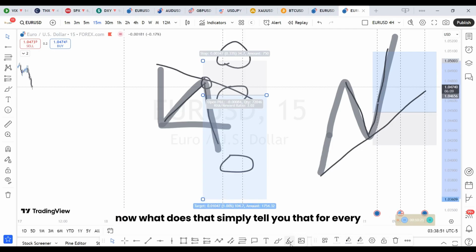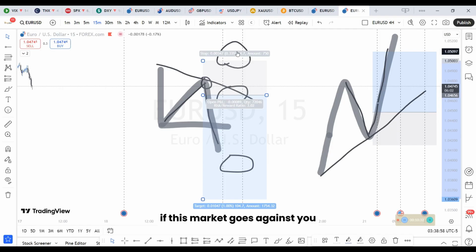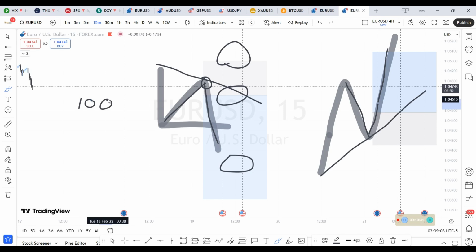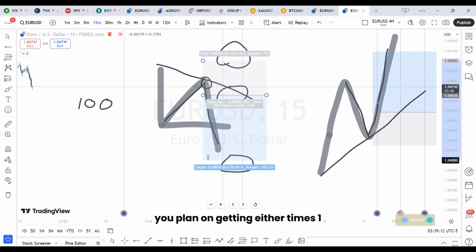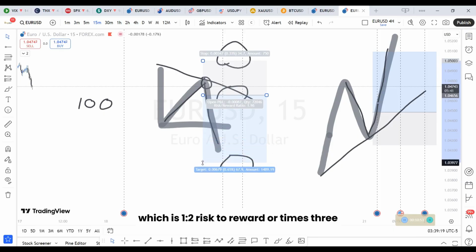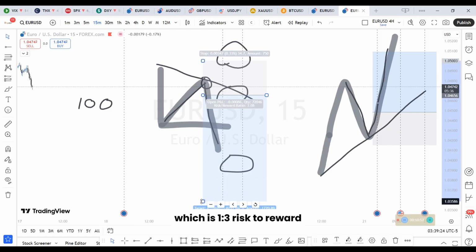Now what does that simply tell you? Let's say you are risking $100 if this market goes against you. For every $100 you risk, you plan on getting either times 1, which is 1:1 risk to reward, or times 2, which is 1:2 risk to reward, or times 3, which is 1:3 risk to reward.